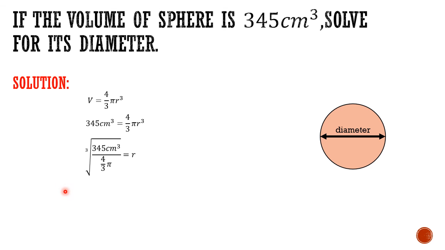We'll have cube root ng 345 cm cubed all over 4 over 3 pi. So, we'll get the r. r is equal to 4.35 cm. So, yun nga, sabi ko na yung diameter is twice ng radius. Plug lang natin ulit. And we'll have the value for our diameter na equal sa 8.70 cm.